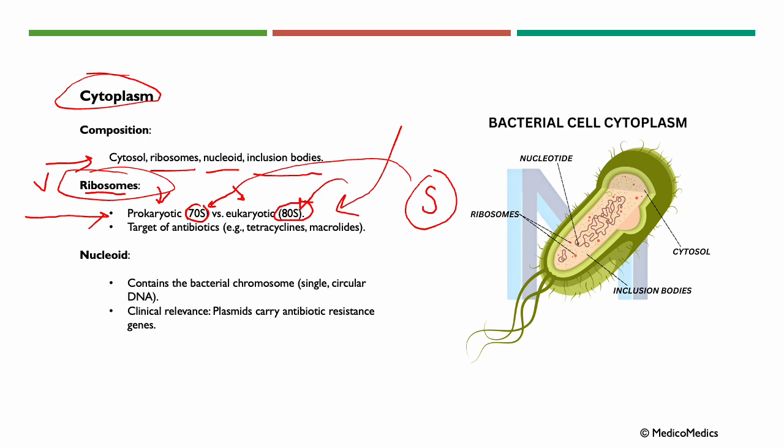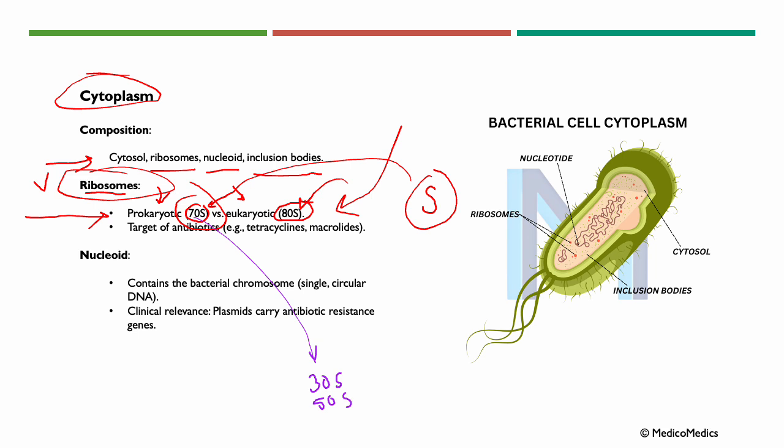So the prokaryotic ribosome, 70S, if we start with that, is composed of two subunits. It has a small subunit called 30S, and a large subunit called 50S.